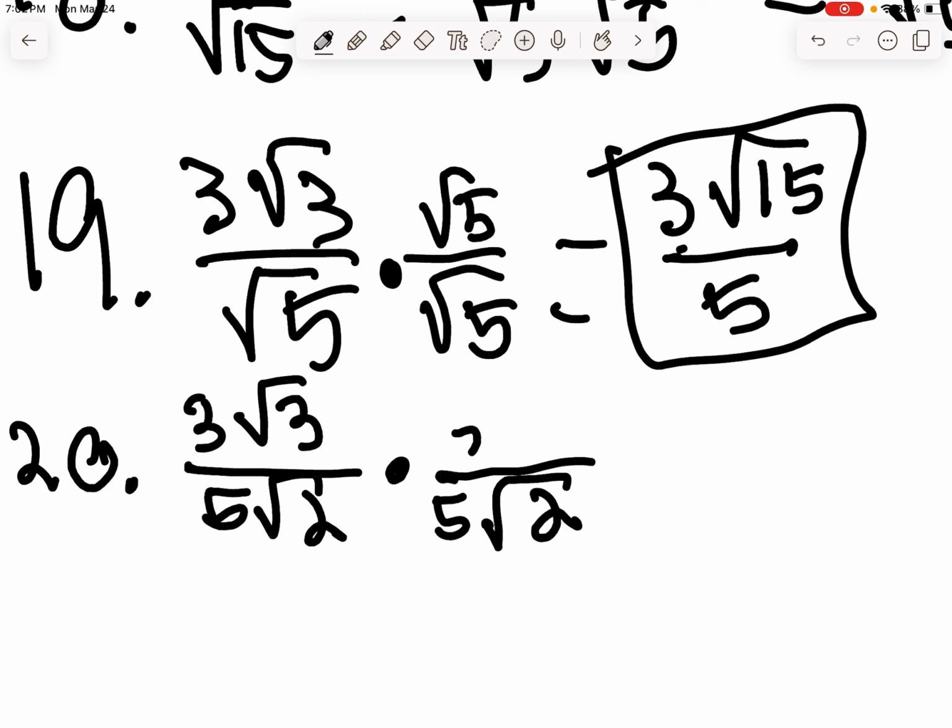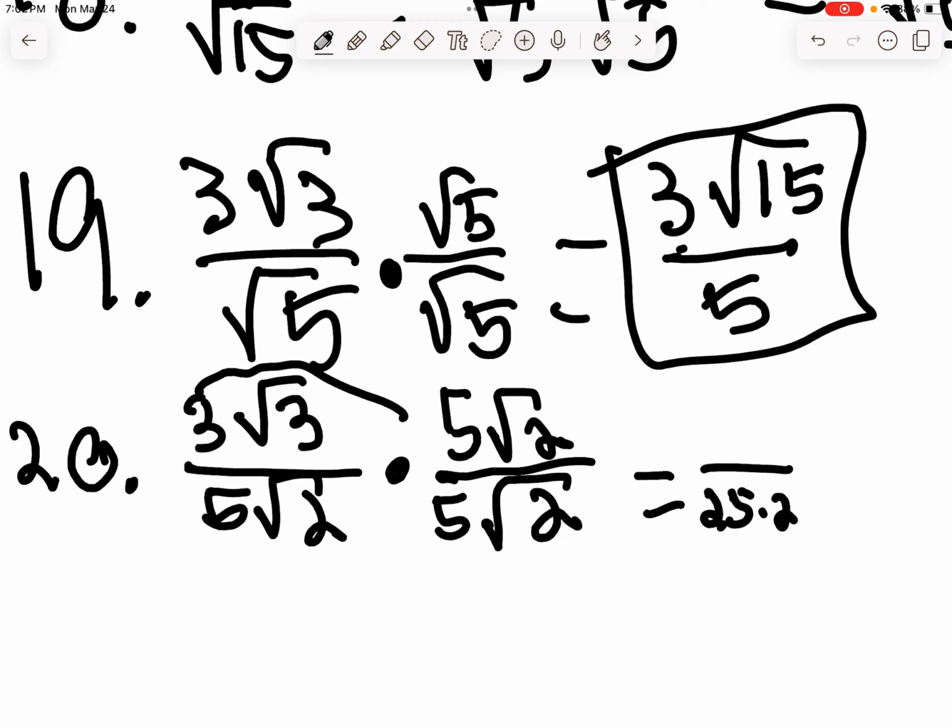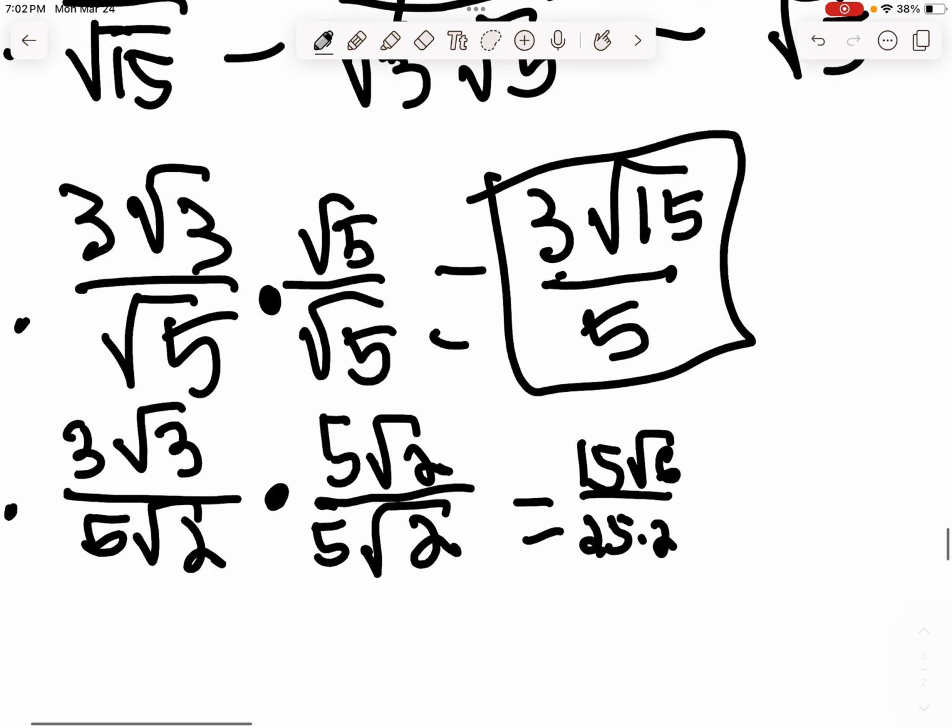Anyway, multiply by the denominator on the top and bottom, and we'll get 5 times 5 here, which is 25, and the square root of 2 times the square root of 2, which is square root of 4, aka 2, so 25 times 2. Up here, you'll get 3 times 5, which is 15, and the square root of 3 times the square root of 2, which is square root of 6.